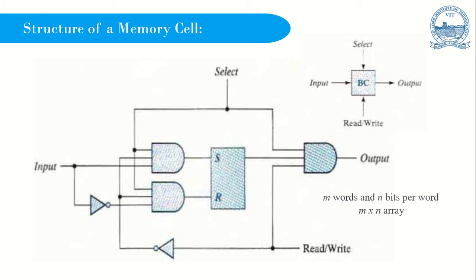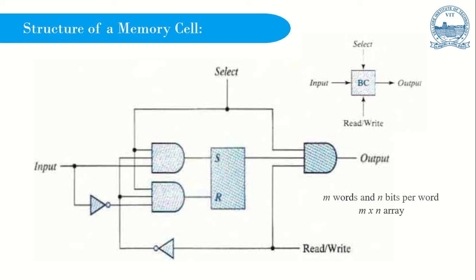So this control signal is combined. If I want to read, I set this input equal to 1, and if I want to write data into the memory, I set this value as 0. So with a single channel I can implement two different functionalities, and this is called multiplexing of the function.